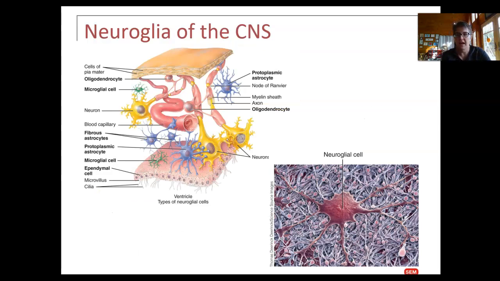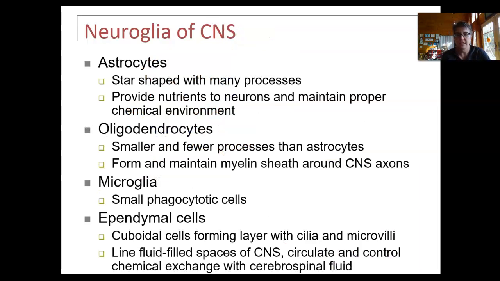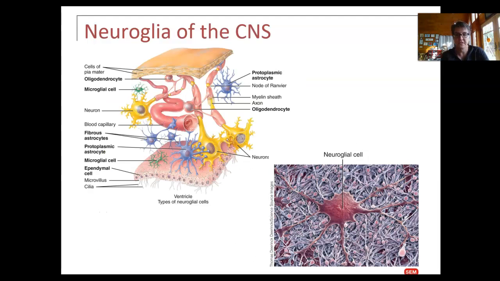So the first type that I have is an astrocyte. Astrocytes are in my central nervous system. Where are you, Mr. Astrocyte? I'm looking for astrocyte. Oh, protoplasmic astrocyte, this big blue guy here.